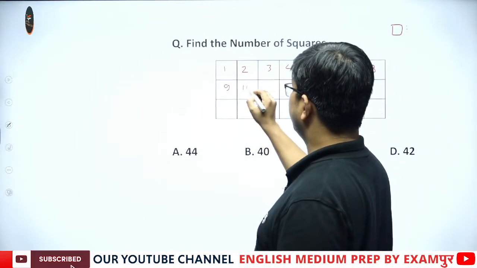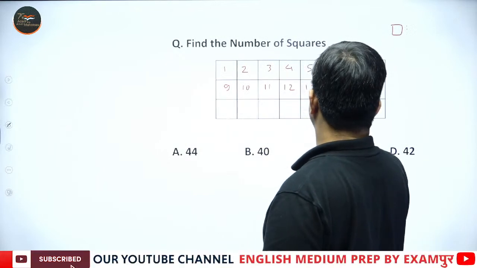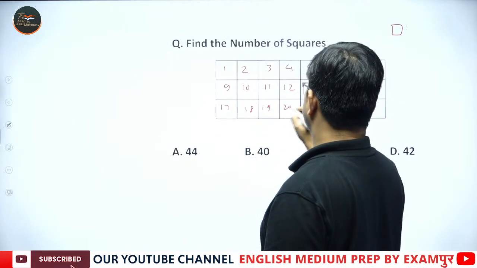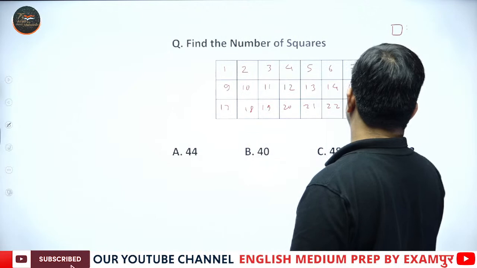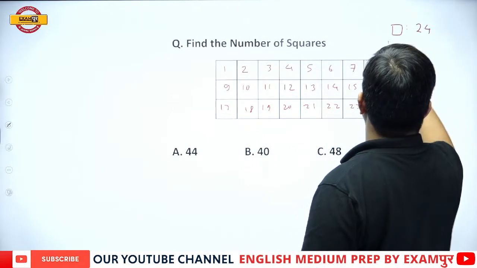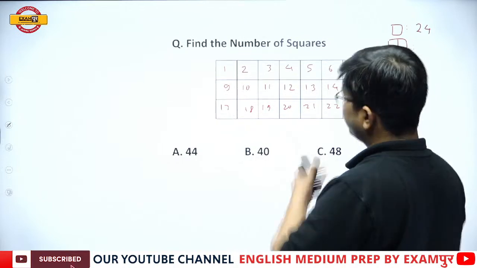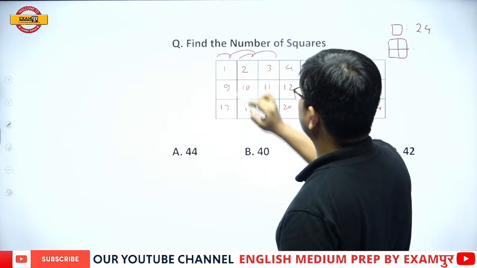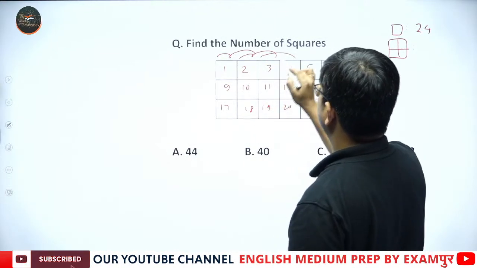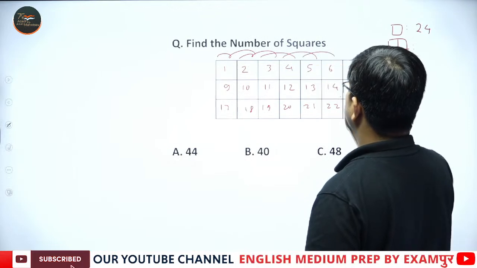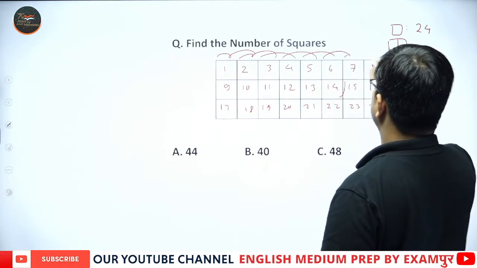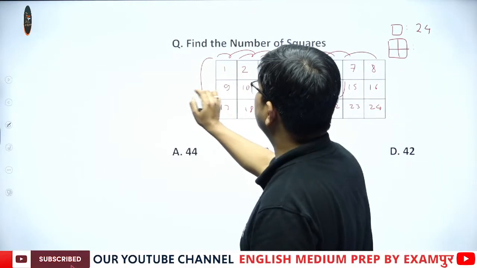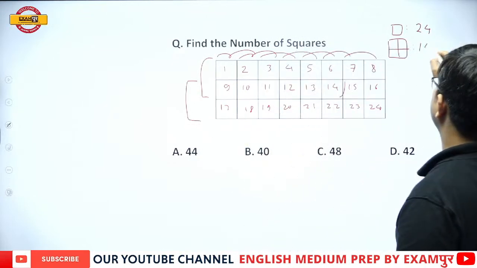Continuing 9, 10, up to 24. So 24 squares. Now in this region 1, 2, 3, 4, 5, 6, 7. So 7 in this area, and a further 7 in this area. So 7 plus 7 will be 14.